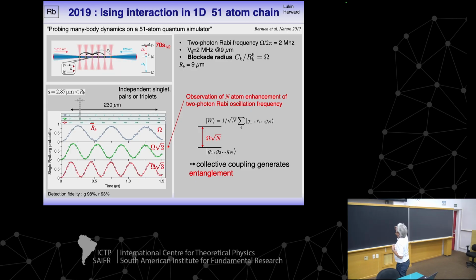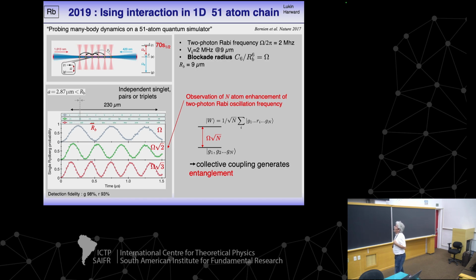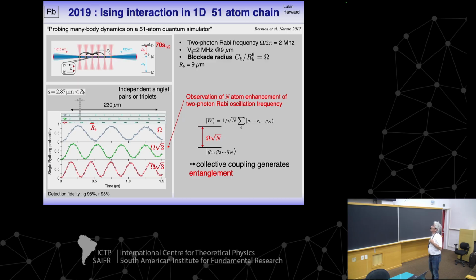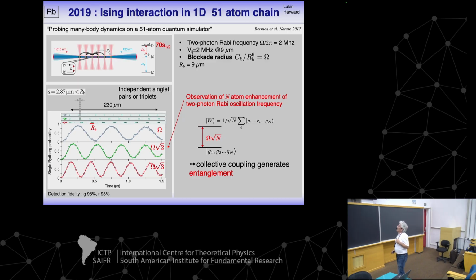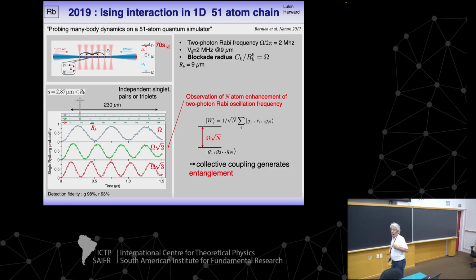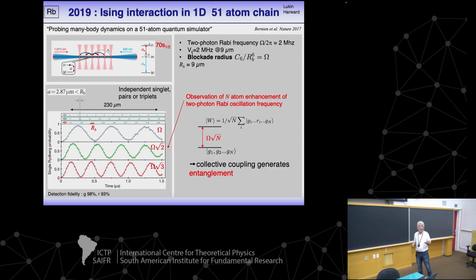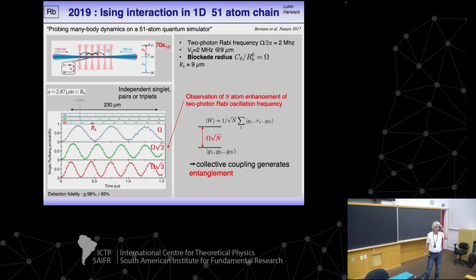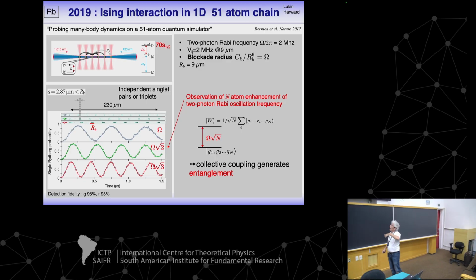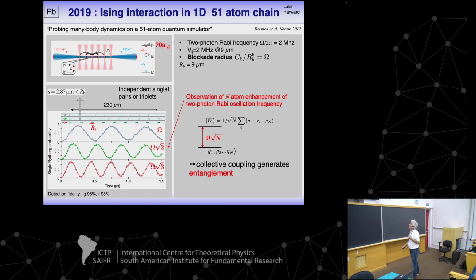Then an interesting many-body phenomenon occurs, leading to the generation of an entangled state of the atoms, which is deeply related to the dipole blockade phenomenon. You see that the Rabi oscillation goes faster when you have more atoms interacting with the same laser, which means that there is some collective aspect in the interaction between the atoms. So there is dipole blockade, and at this distance you can ignore the probability to excite a pair of atoms with a very good approximation.